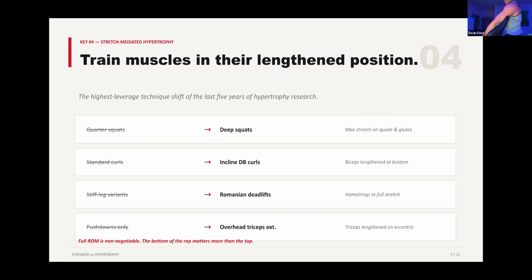This is a weird situation to demonstrate, but it's why they have curl bars and stuff for biceps. If I'm doing this, it's going to apply more force on the bicep when I come down. This part is stretching and applying the force. You actually grow the muscle the most on the eccentric part, the stretching part.